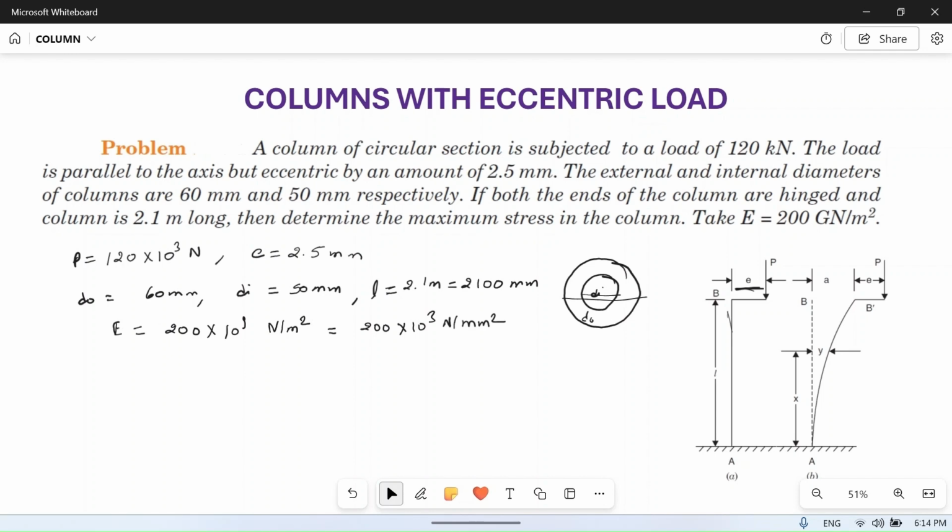Okay, now one thing is given that both the ends of the column are hinged. It means L effective is equal to L. Okay, so this we have to keep in mind.